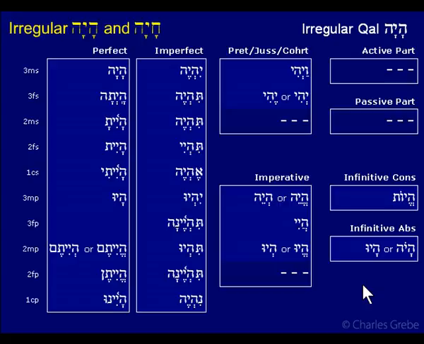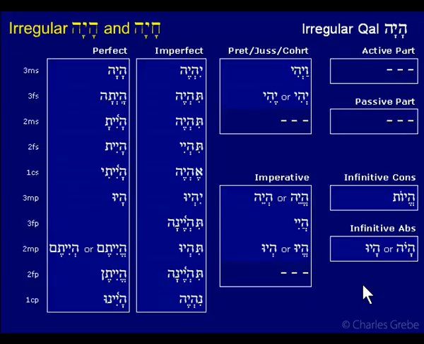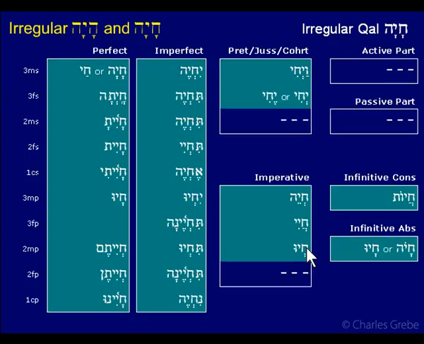Okay, so that's Haya. Let's look at Chaya, or Haya, I suppose, if I want to pronounce that correctly. It's almost the same as what we had for Haya. A couple of different forms, different short forms, like this one here is different. We don't have this feminine plural.